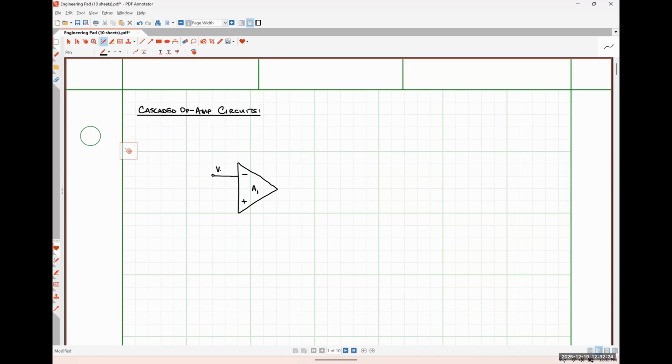So I'm going to say that this is V1 minus. This will be my non-inverting input pin for amplifier A1. So this will be V1 plus. And this is my output node, which I'm just going to call Vout1.